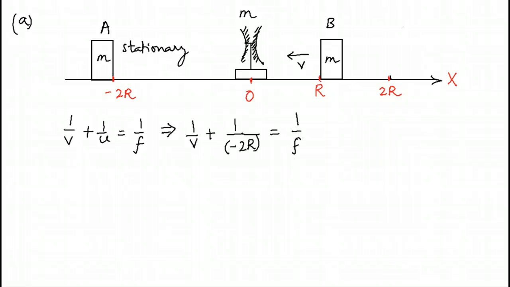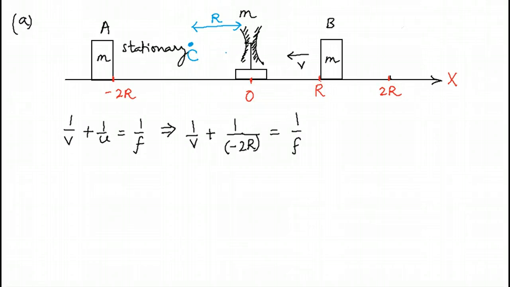Now what is f actually? We'll have to locate where the focus is, and we are talking about the left mirror, which is the one that produces the image of object A. Now the center of curvature of this mirror, let's say it's somewhere over here, and this distance is equal to r, the radius of curvature.